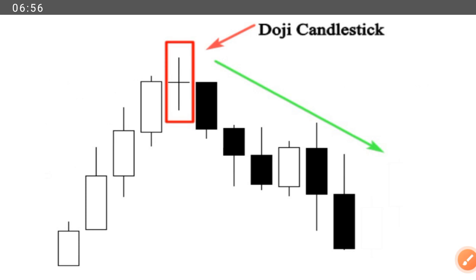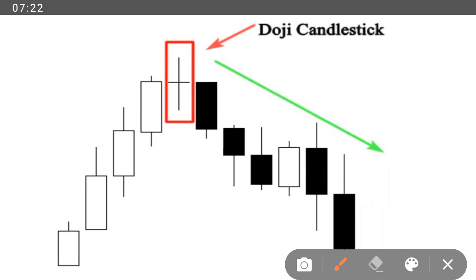Look at this chart. I see the price was going up. It was going up. It got here.